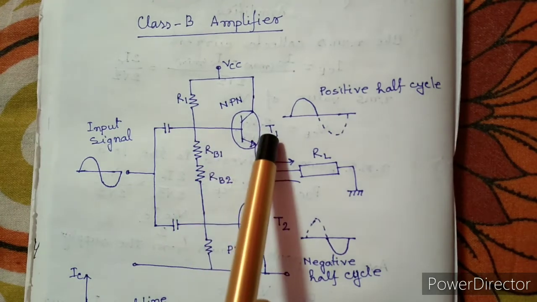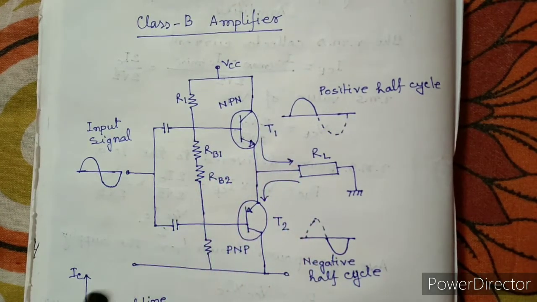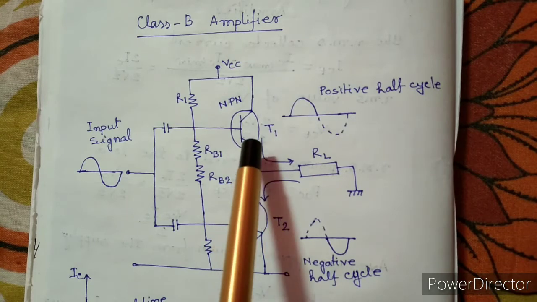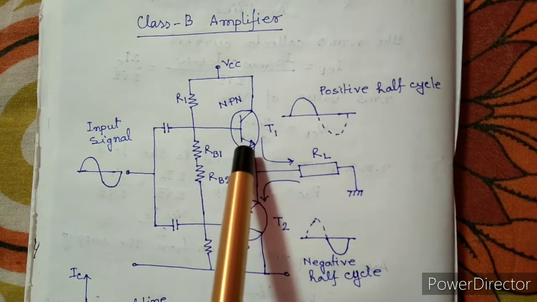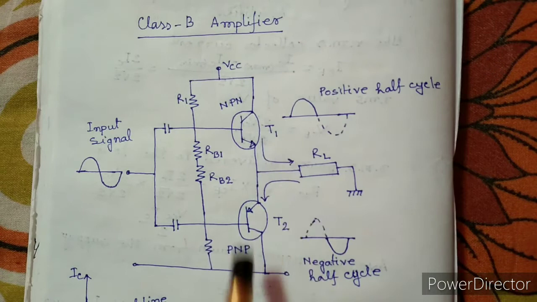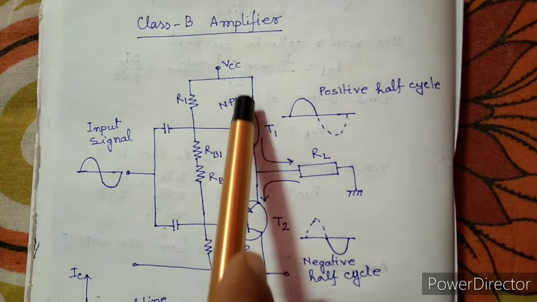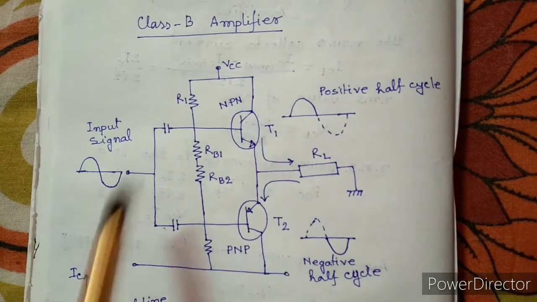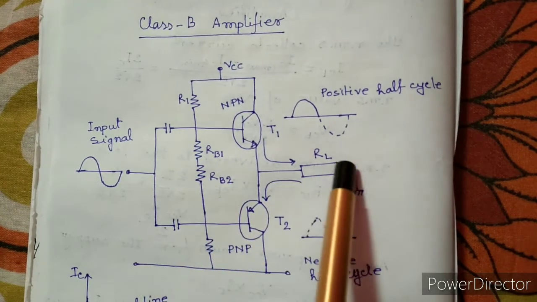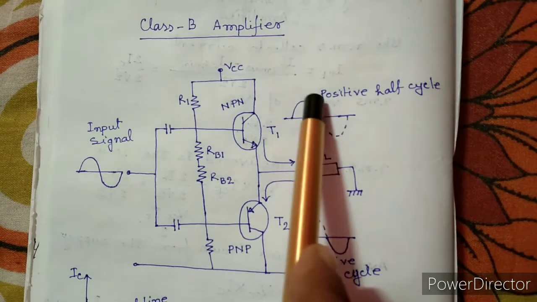So transistor T1 will be switched on and the collector current will pass through transistor T1 and no current will pass through transistor T2. So current will pass through transistor T1 and then through the load, and we will get the output like that.